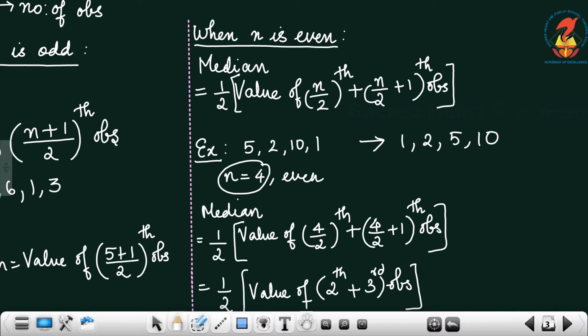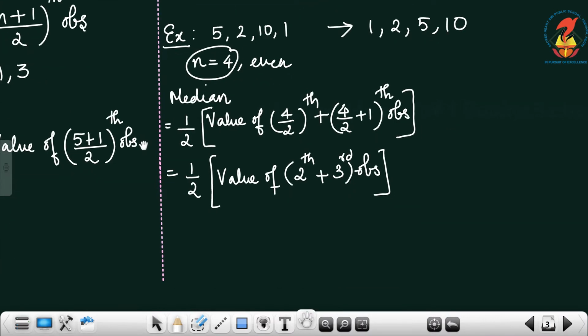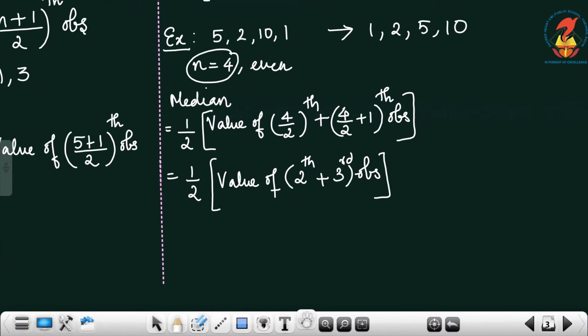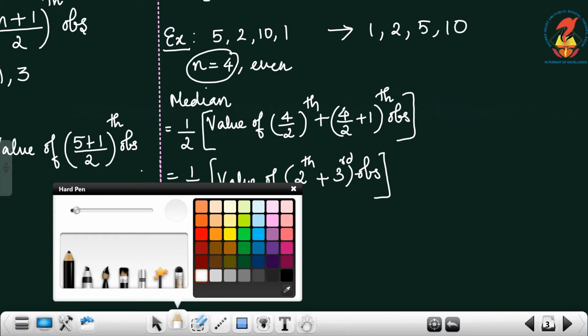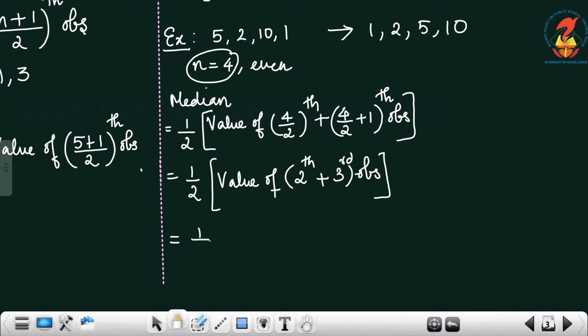So, median equals value of 4 by 2th plus value of (4 by 2 plus 1)th observation. 4 by 2 means second observation and 4 by 2 plus 1 means third observation. What is the second observation here? 2.